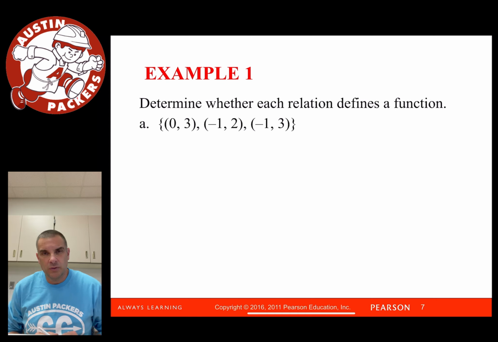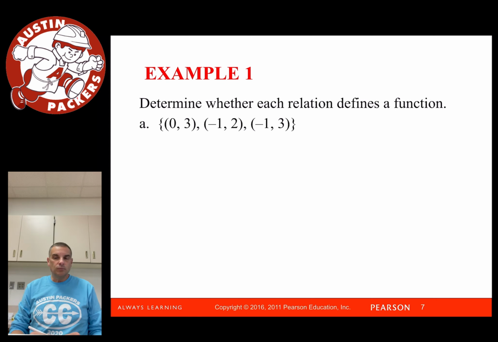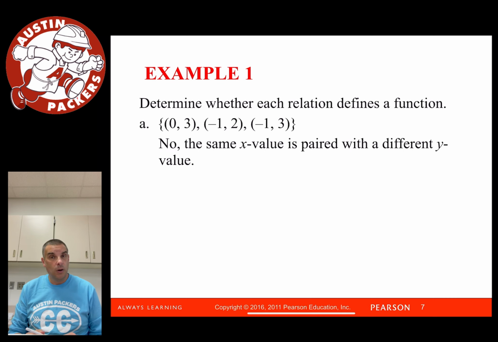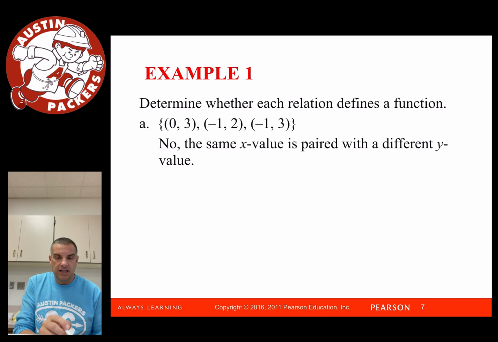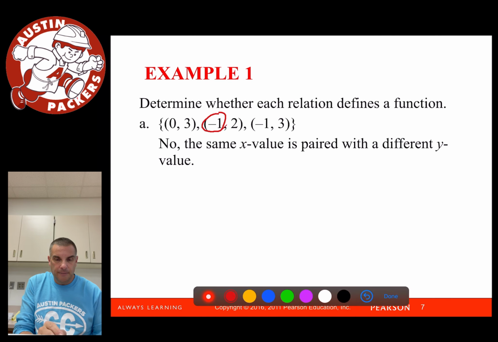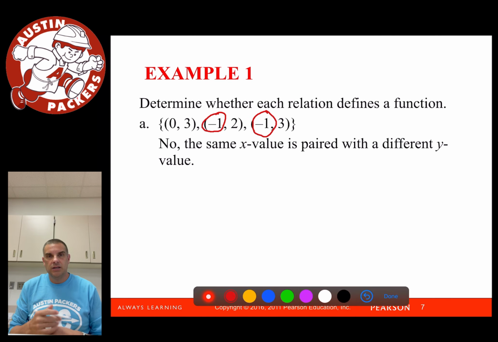So if we look at this example, we've got the relation (0, 3), (negative 1, 2), and (negative 1, 3). We want to know if this defines a function. Well, the answer is no, because if you look at the negative 1 here, negative 1 is repeated. Since negative 1 is repeated in two different ordered pairs, that relation is not a function.